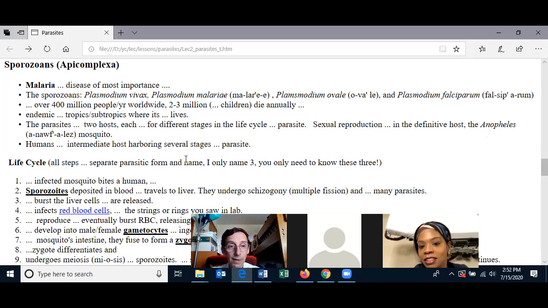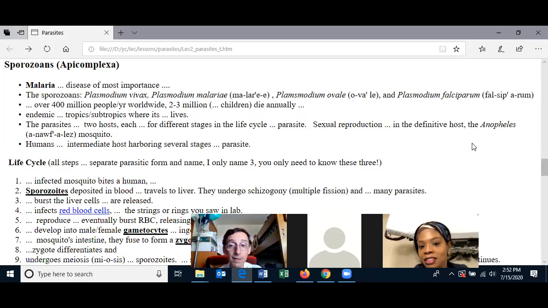So this parasite has 2 hosts and many life stages that live in both hosts. One host is the human, and the other is the vector, the Anopheles mosquito.